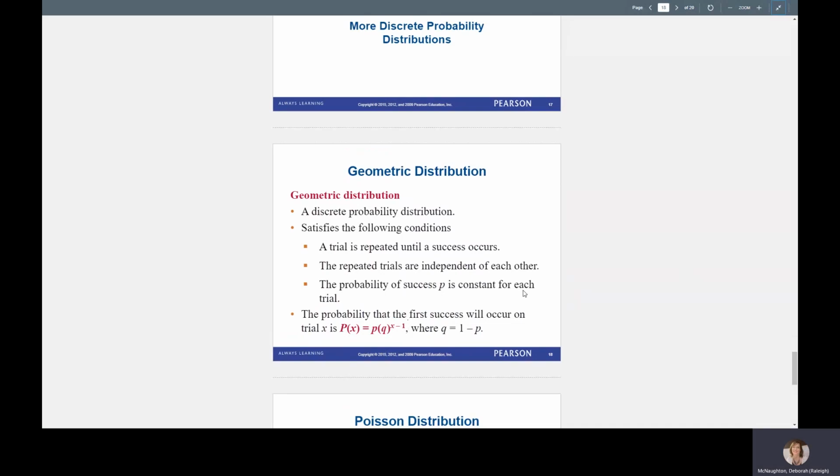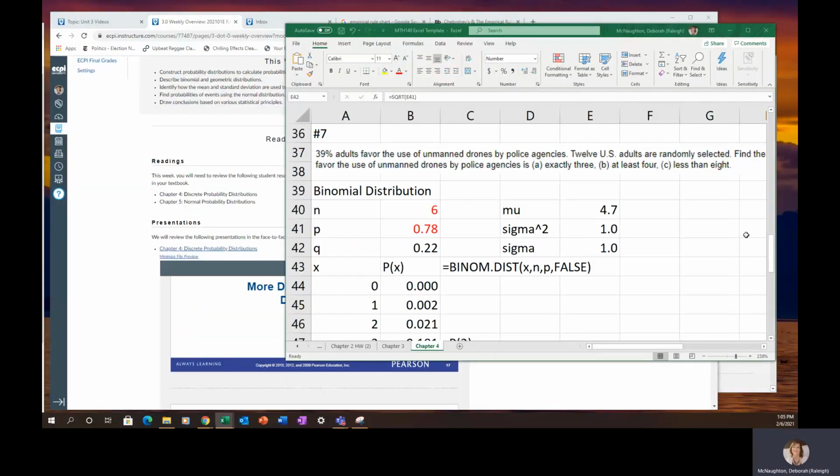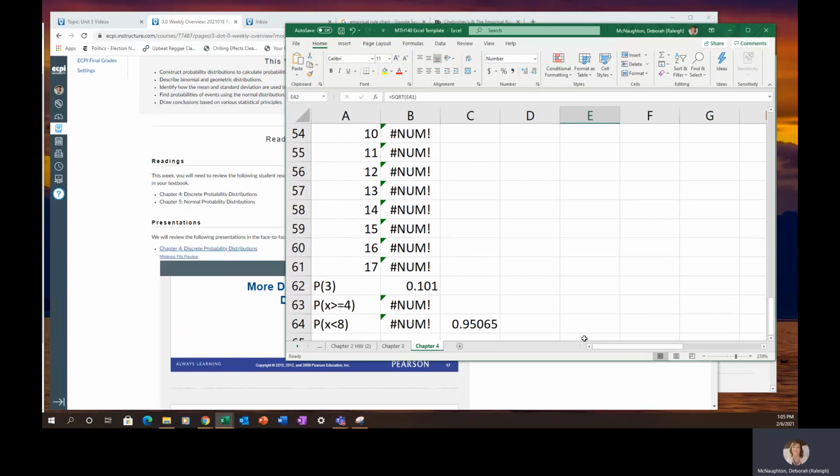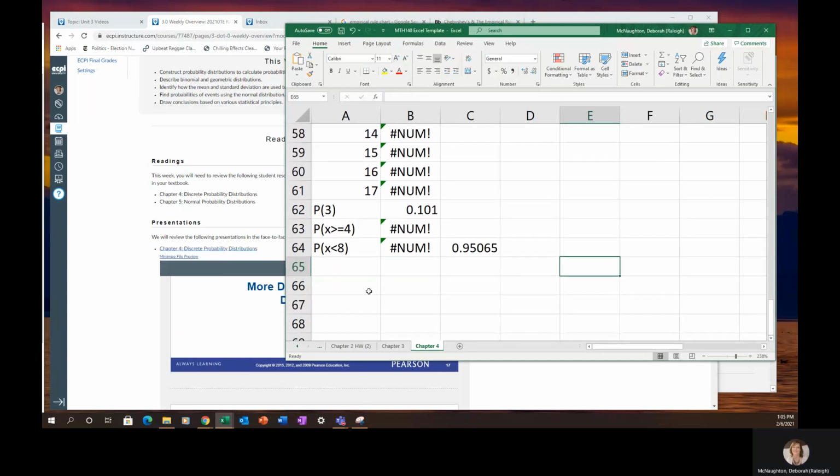All right, so let's look at a homework problem. And well, first, let's go ahead and set this up in Excel. Okay, so the next distribution that we're doing is the geometric distribution.